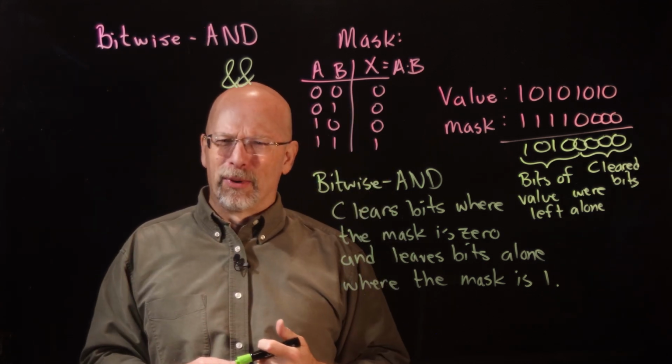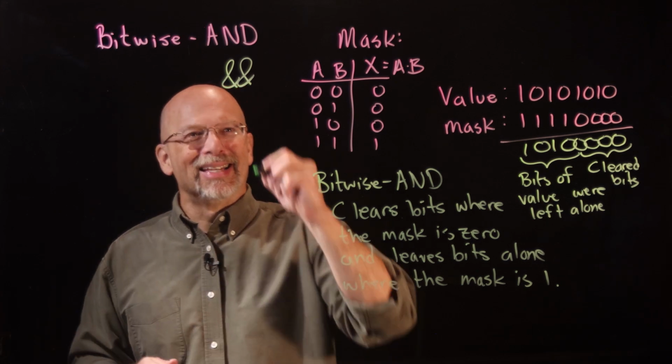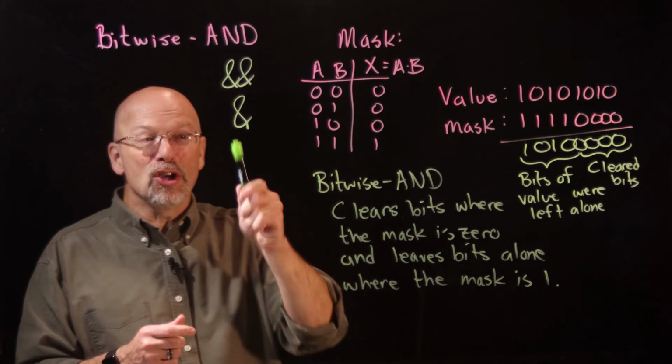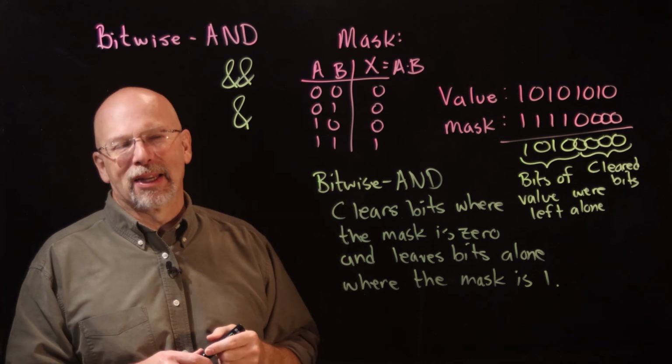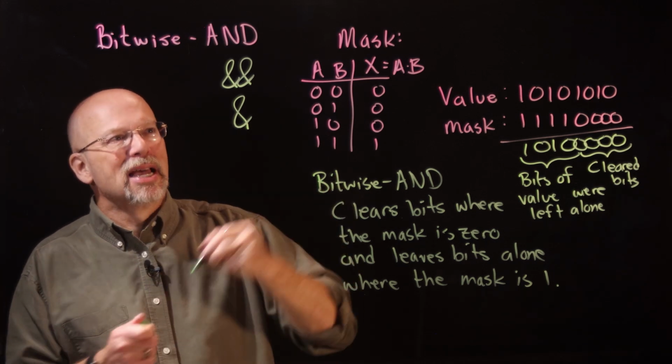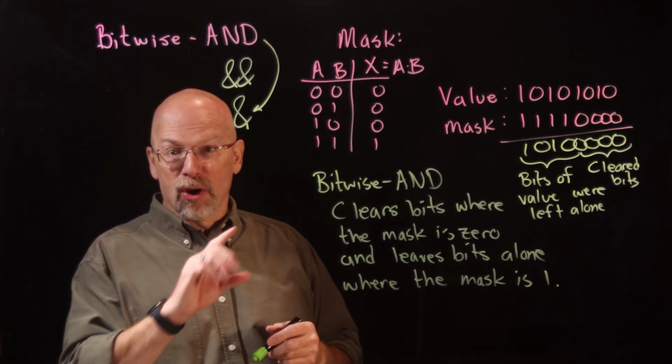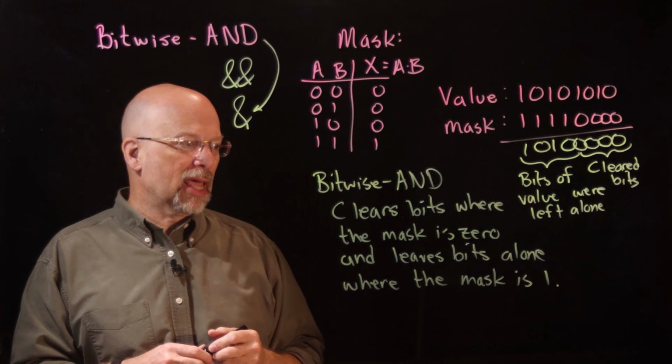Why do we use 2 ampersands? The reason is because the single ampersand was already taken. It was used by Bitwise-AND. And so the Bitwise-AND, this guy right here, is what identifies in our code the operation of a Bitwise-AND.